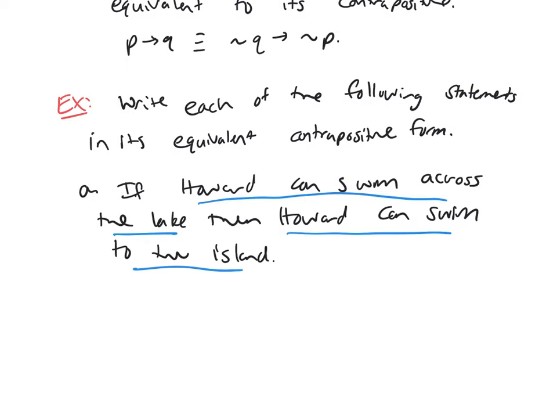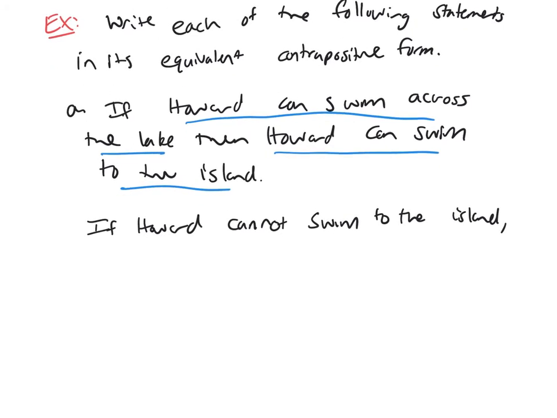So it would say if Howard cannot swim to the island, then Howard cannot swim across the lake. So that would be the contrapositive.